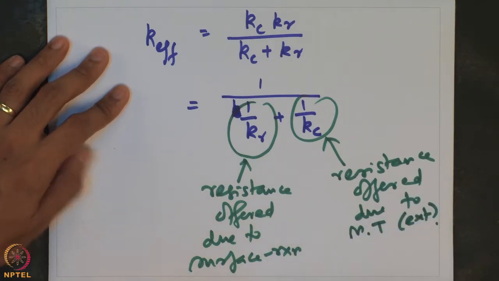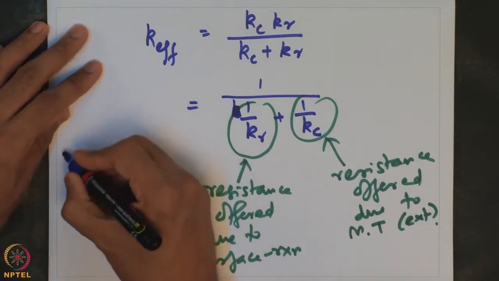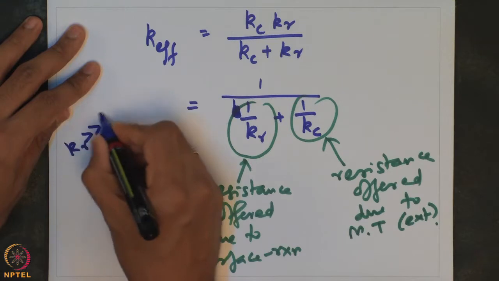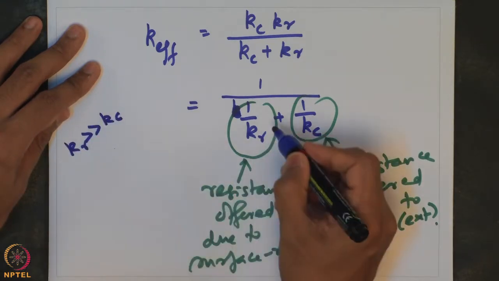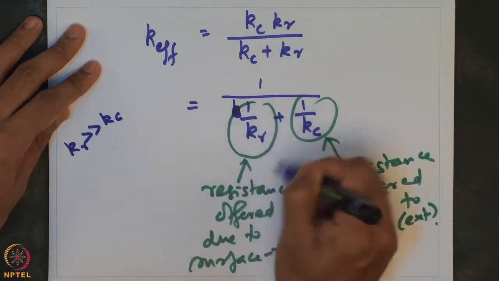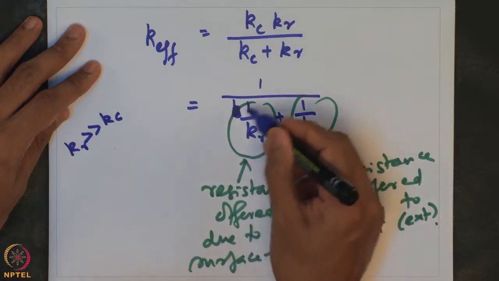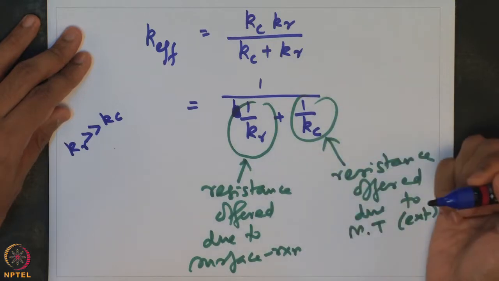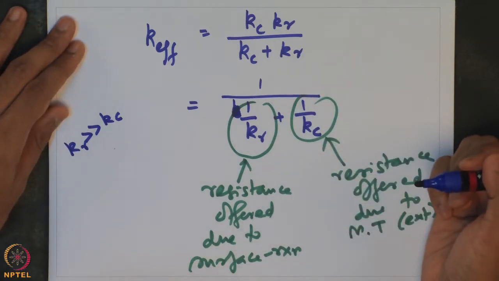Now, when we assume that the surface reaction is fast, and Kr is much larger than Kc, what we mean is that the resistance offered due to surface reaction is extremely small compared to the resistance offered due to the mass transport.